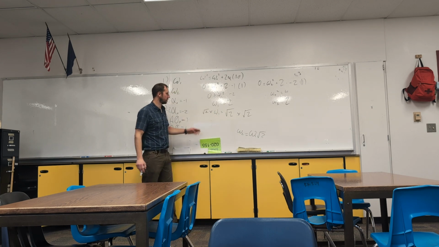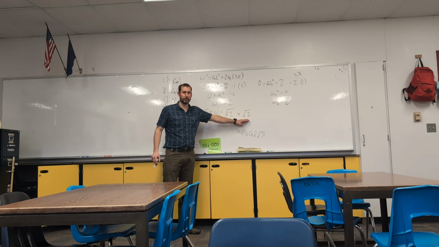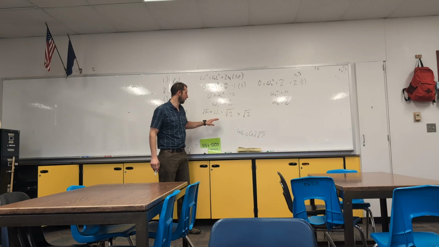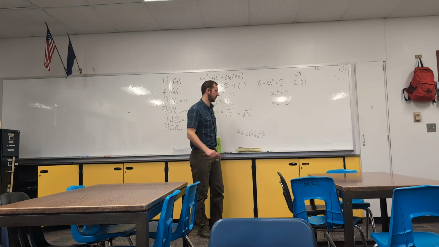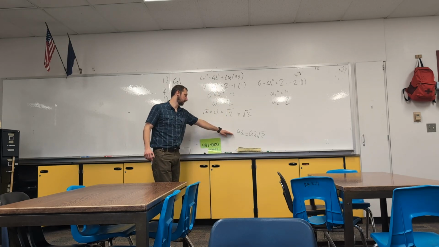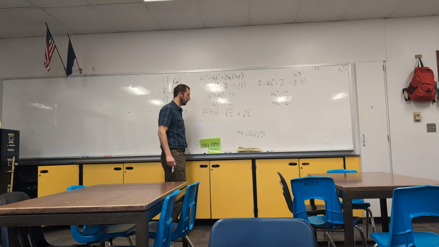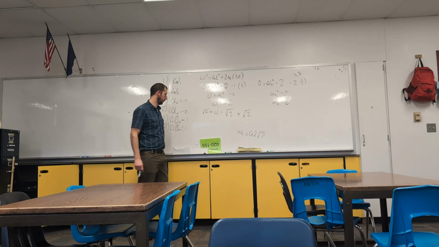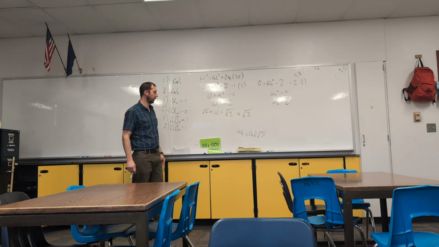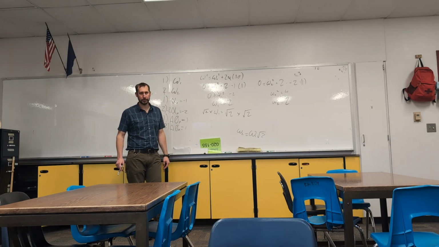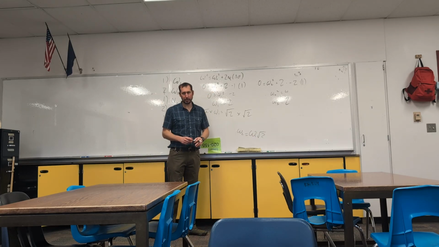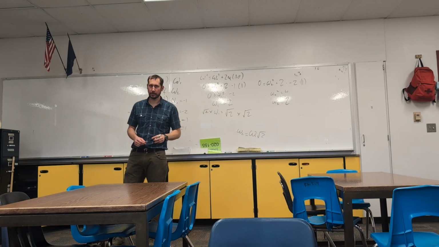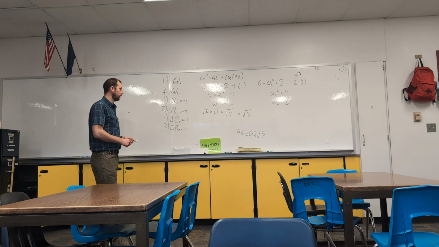And so omega sub 1 times the square root of 2 is equal to omega sub 2. And that's how we get our answer right here. Omega sub 2 is 2, and therefore omega sub 1 multiplied by the square root of 2 is also equal to 2. So omega sub 2 is equal to omega sub 1 multiplied by the square root of 2.